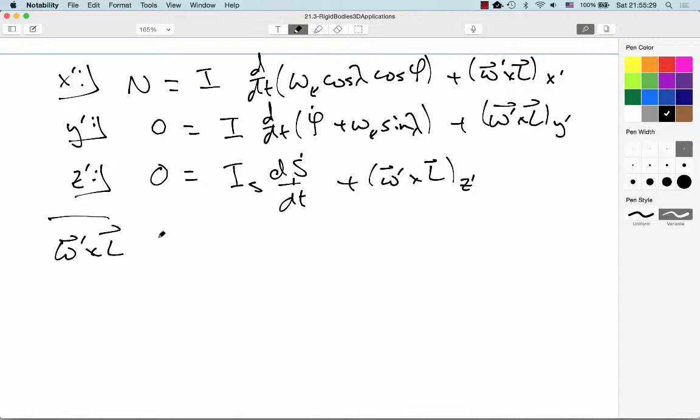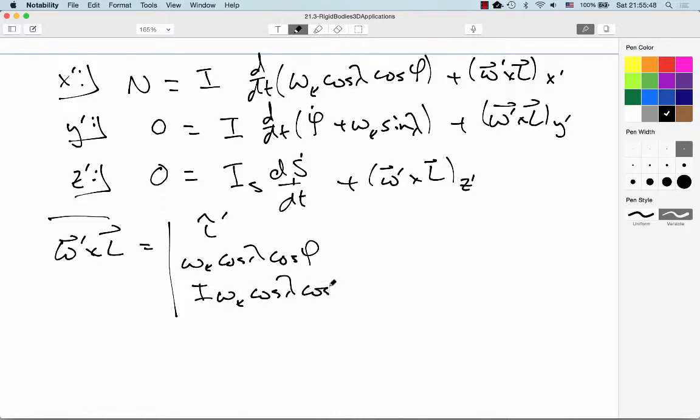Omega prime cross L will equal, okay, we'll have an I prime, omega E cos lambda cos phi, I omega E cos lambda cos phi, j prime, phi dot plus omega E sine lambda, and I phi dot plus omega E sine lambda.